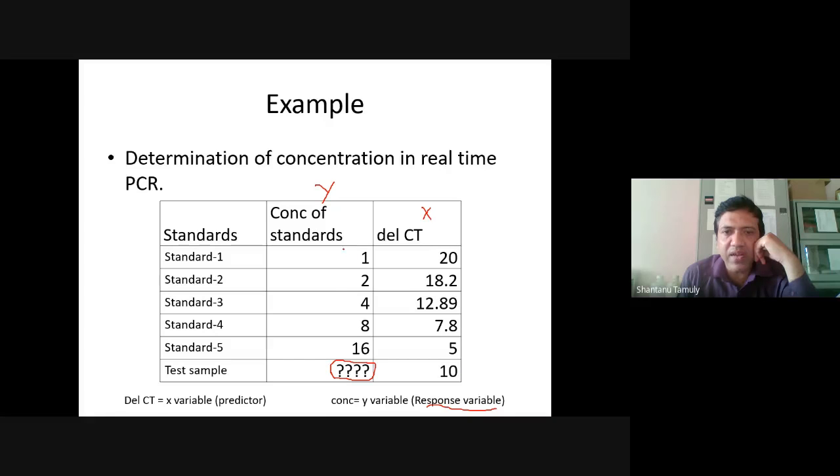We will make the standard curve only with the values of the standards. So we will plot a graph between the delta CT value and the concentration.